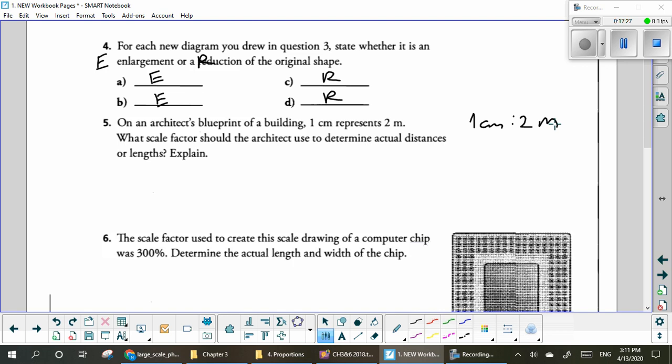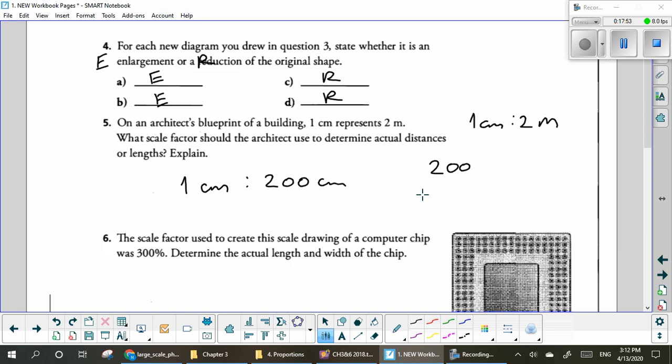If we want to convert this to the same units, we would have 1 centimeter to 2 meters, which, if you remember, 1 meter is 100 centimeters. So 2 will be 200 centimeters. So all he has to do is a scale factor of 200 to calculate what the distances, lengths, all that stuff is going to be.